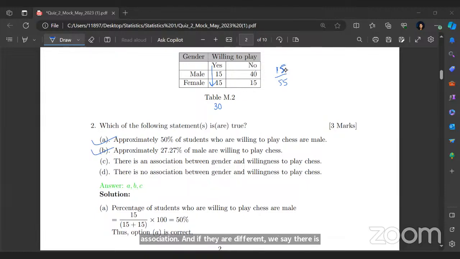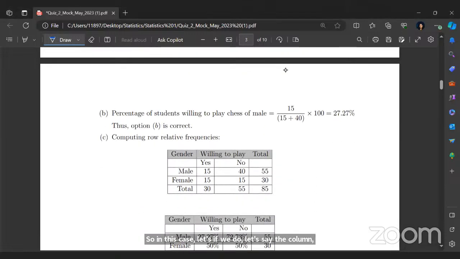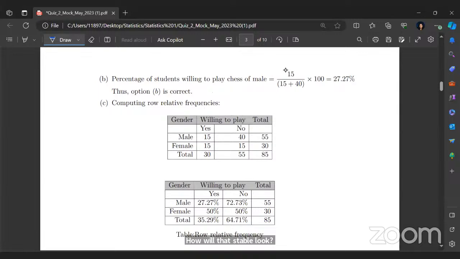So in this case, let's say the row relative frequencies, how will this table look? So this was our table, correct? Now we just do the total also, we add this extra row here.